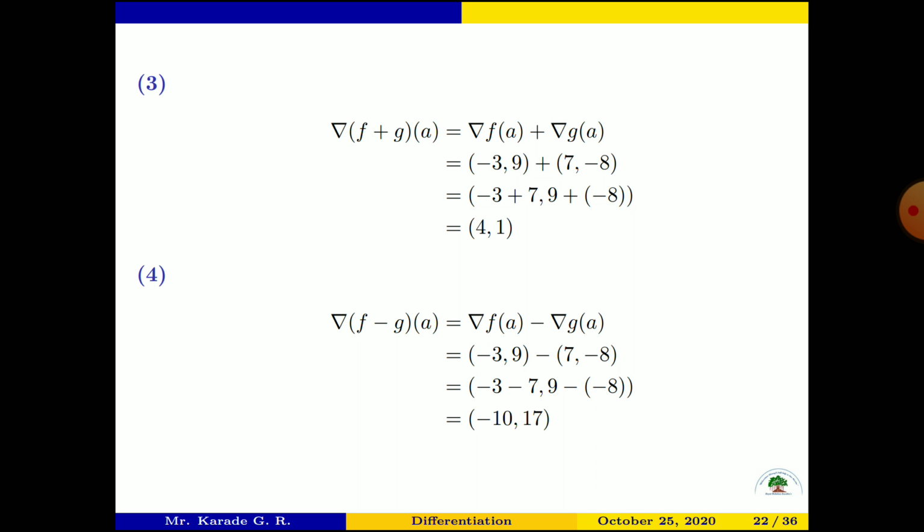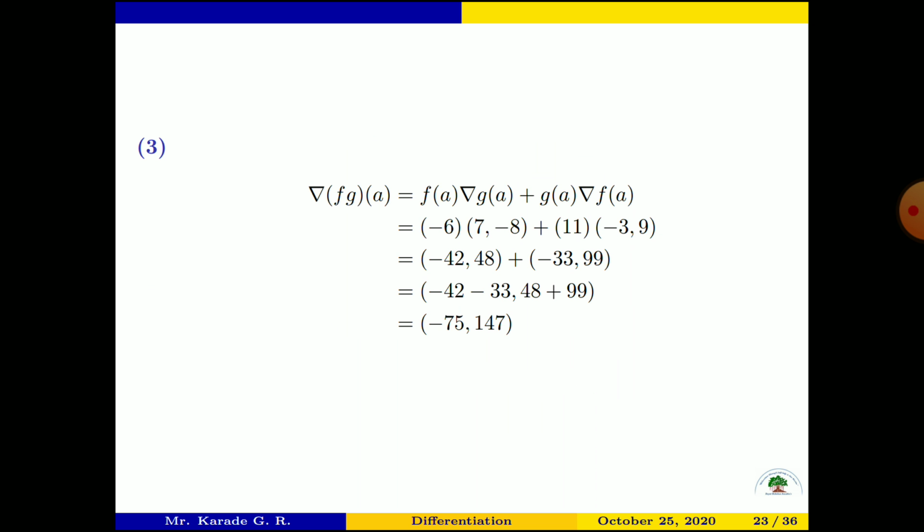Subtraction of two vectors is again a vector with two components. The first component is -3 minus 7, and the second component is 9 minus (-8). So -3 minus 7 is -10, and 9 minus (-8) is 9 plus 8, which is 17. Thus the gradient of f minus g at point a is the vector (-10, 17).